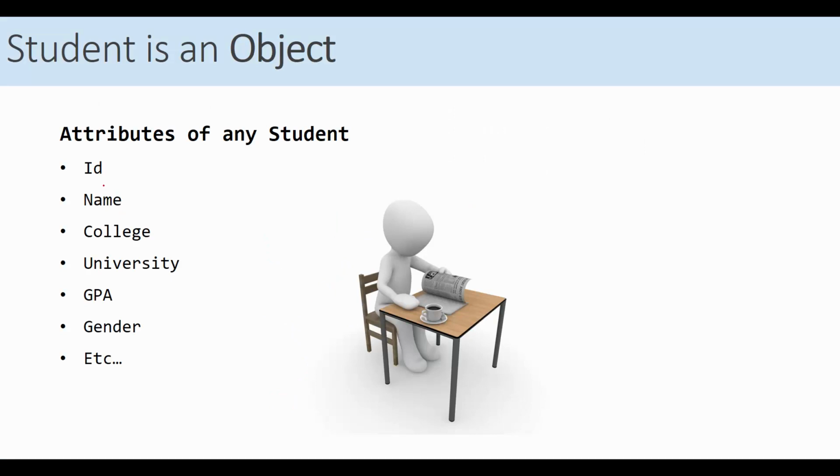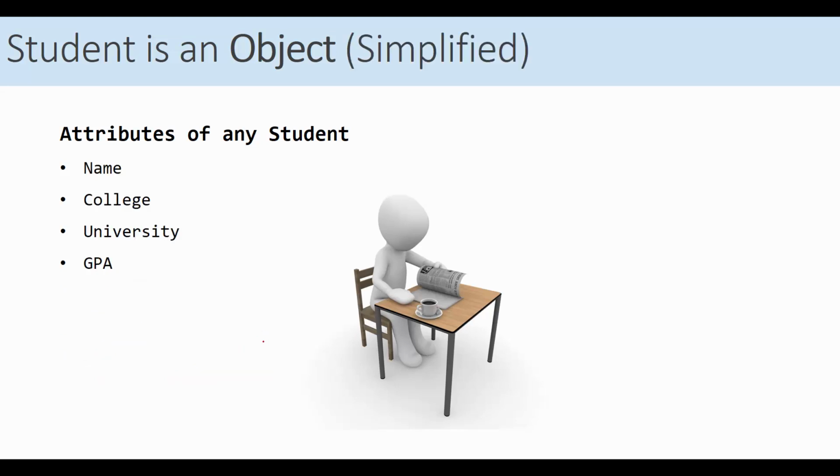A student usually has an ID, has a name, college, university, a GPA, gender, and so many other attributes or properties or features or things that are related to a student. Let us simplify it. Let's say only four attributes for a student: name, college, and university GPA.